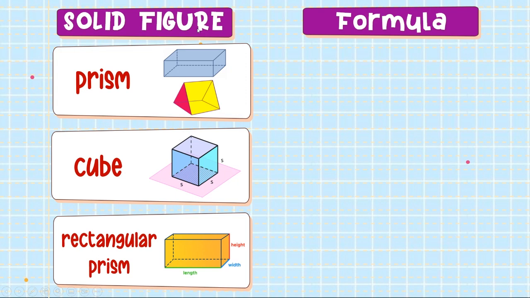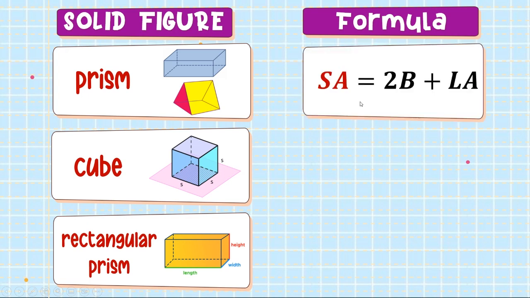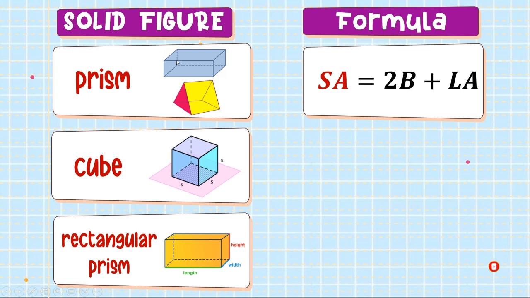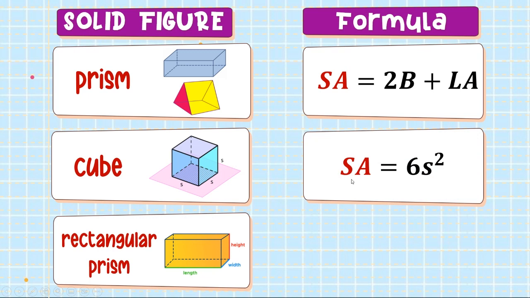So these are the formulas for the following solid figures. We have the prism. The formula for the surface area of the prism is equal to 2 times the area of the base plus the lateral area, for the rectangular prism and triangular prism. And then the formula for the cube is surface area equals 6s squared.